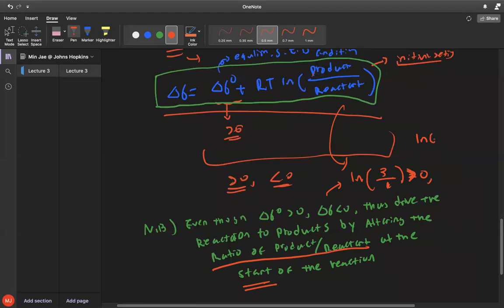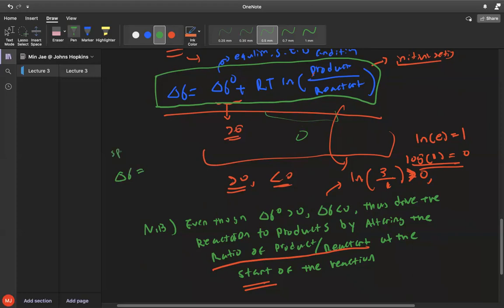But if the exact ratio is 1, the log becomes 0. What that means is that if there's an equal concentration of product and reactant, this entire term becomes 0, which means delta G equals delta G naught.